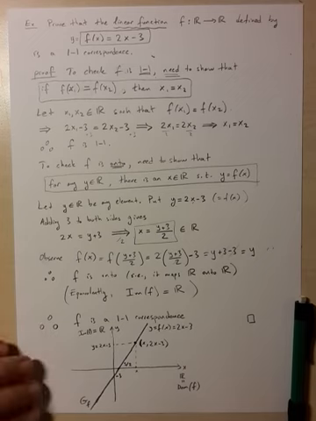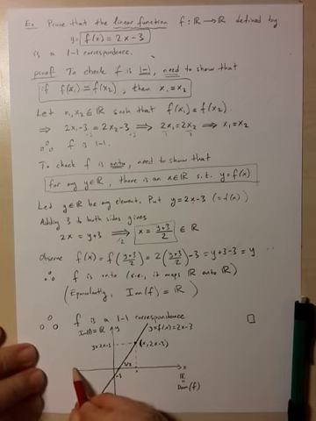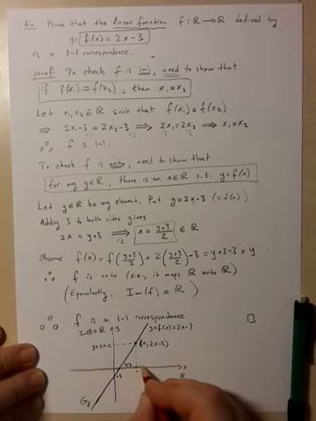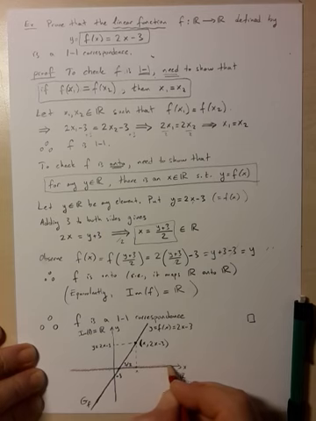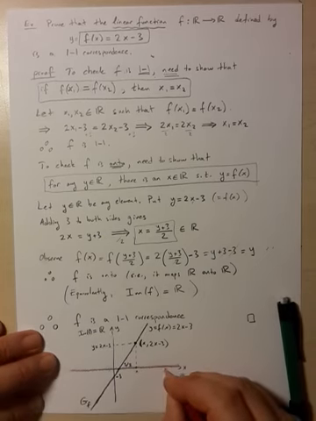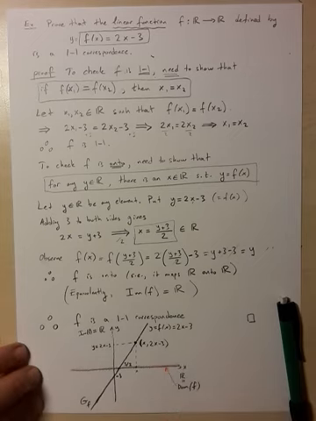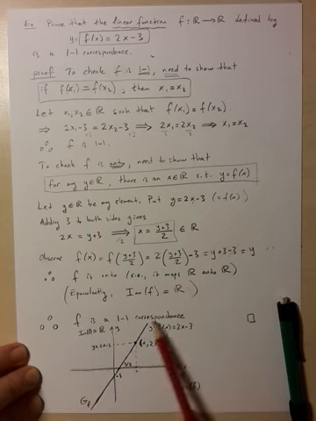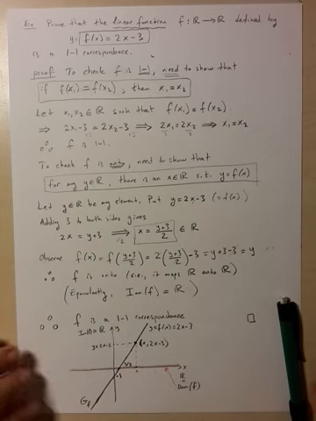Here is what I'm emphasizing. This set is the domain. So the function f is a one-to-one correspondence between two copies of real lines.